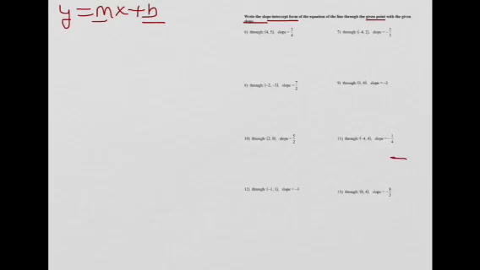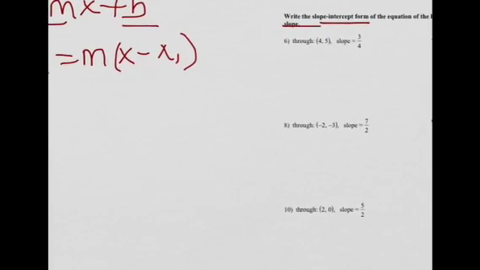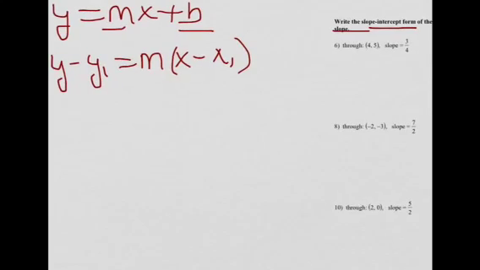And the point-slope form, remember, is y minus y1 equals m times x minus x1. Like I said before, make sure you label. x1, y1, always start with that, and then m is your slope.